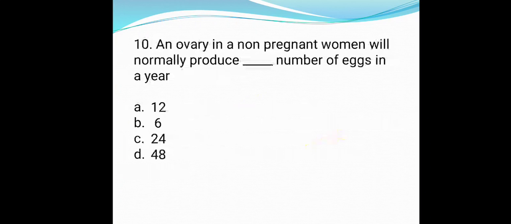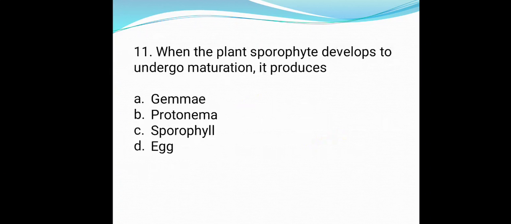Both these ovaries are functional and capable of producing eggs. Normally, each ovary can produce a single egg or ovum each month. This way, a single ovary can produce a total of 6 eggs in a year. So the answer is B option, that is 6. Let us see the next question.